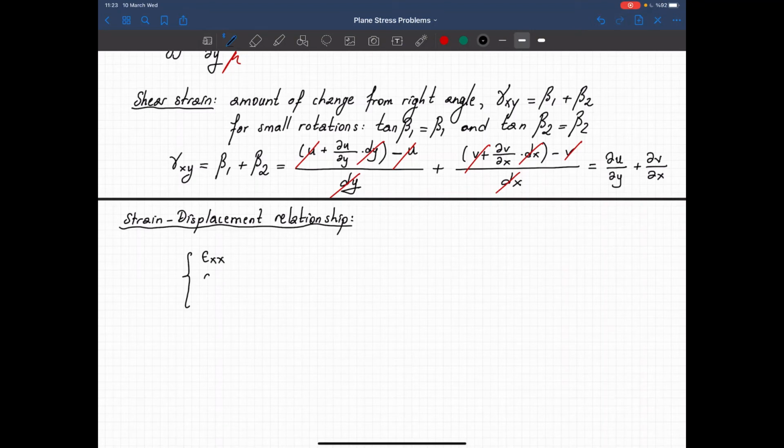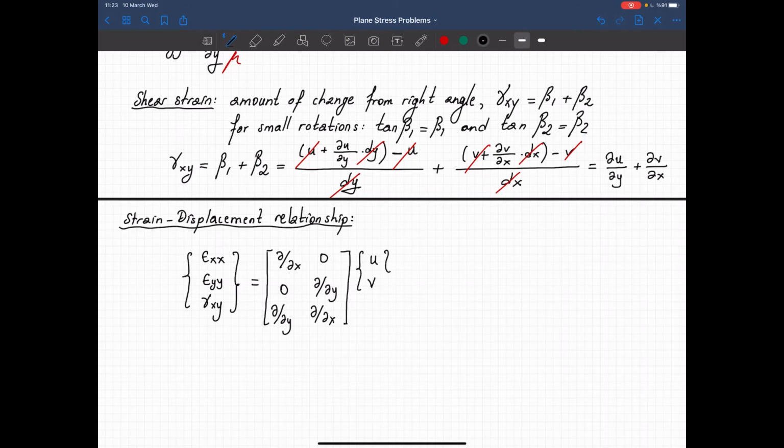Axial strain in x direction, axial strain in y direction, and shear strain is equal to del over del x 0, 0, del over del y, and del over del y and del over del x, multiplied with u and v, and that's our strain displacement relationship. Now let's take a look at the constitutive relationship.